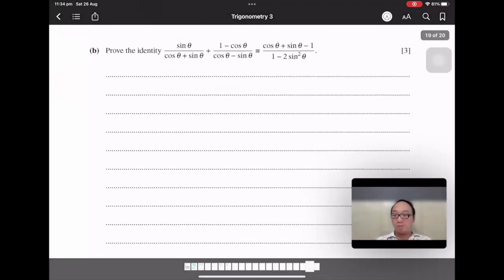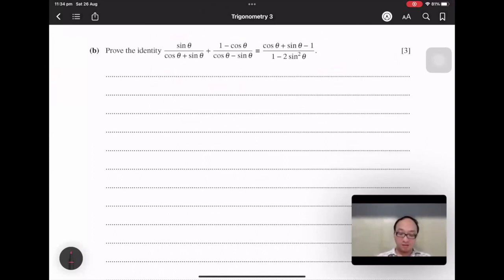B, prove the identity. Okay, so from the left-hand side, I have to make the denominator the same. So this is cos theta plus sin theta times cos theta minus sin theta. And on the top numerator, I have to multiply. So sin theta multiplied by cos theta minus sin theta plus 1 minus cos theta multiplied by cos theta plus sin theta.